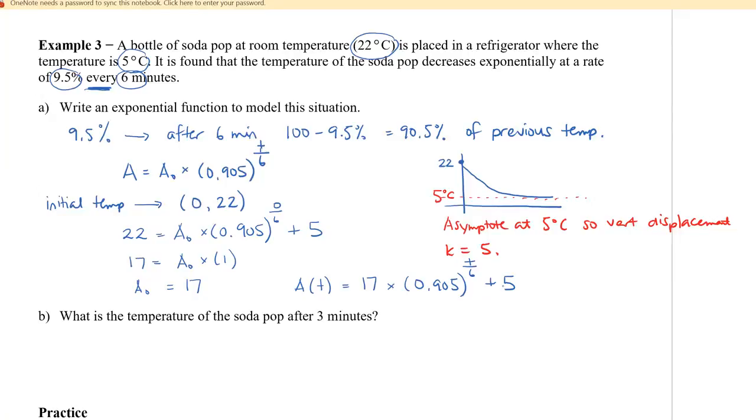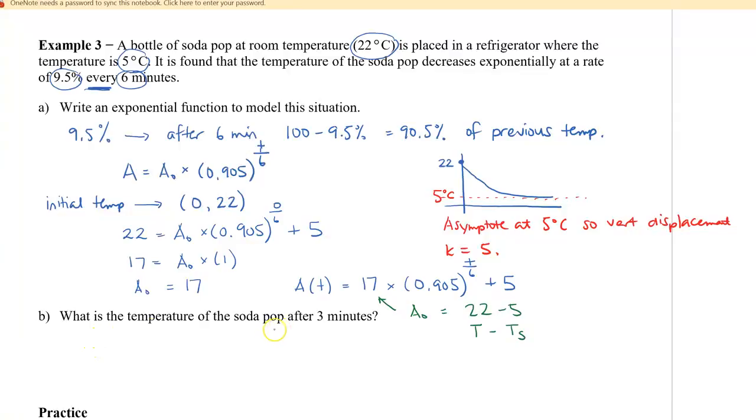What you have to remember whenever we're dealing with temperature questions is that this initial temperature, this A naught, is equal to 22 minus 5, or the temperature of the object minus the surrounding temperature. Sometimes people call this the temperature minus the temperature surrounding. All right, now that we have this function, let's answer the next question.